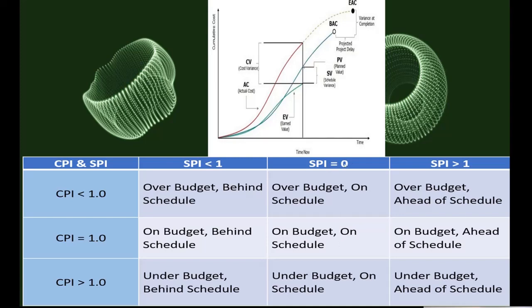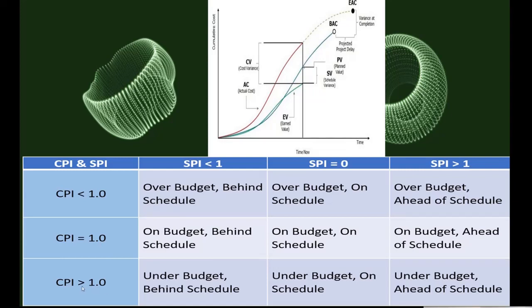Similarly here, SPI 1, CPI 1. It should be 1, not 0; they made a mistake. SPI equals 1, CPI equals 1: on budget, on schedule. This is the ideal condition. In here, SPI greater than 1 means ahead of schedule and on budget.